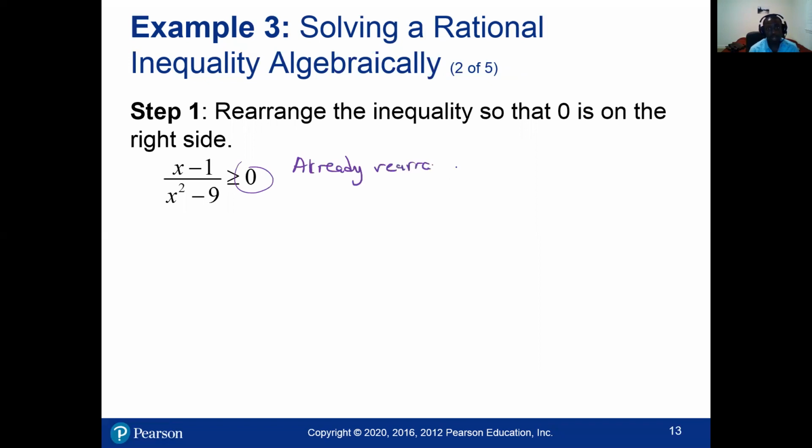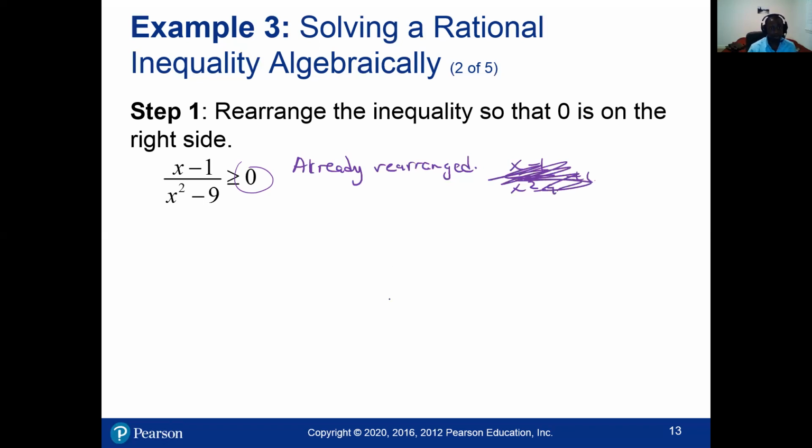Do we have to simplify it? No. Suppose I had 1 over x squared minus 9, say plus 1, then we would have to move it, but I'll do an example of that in the next one. So let's leave it like that.